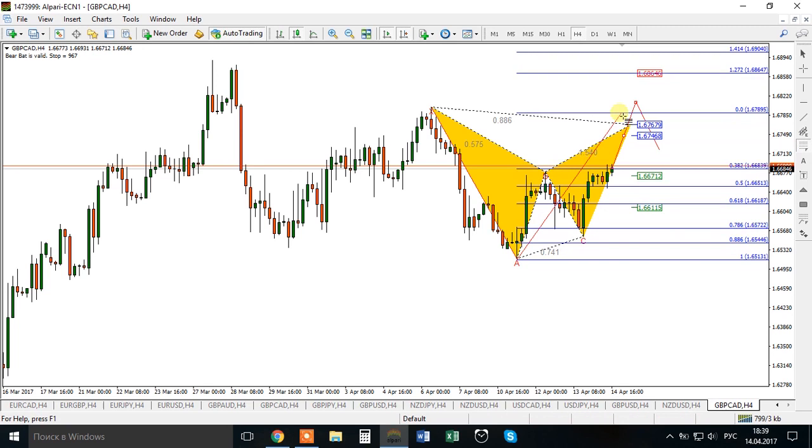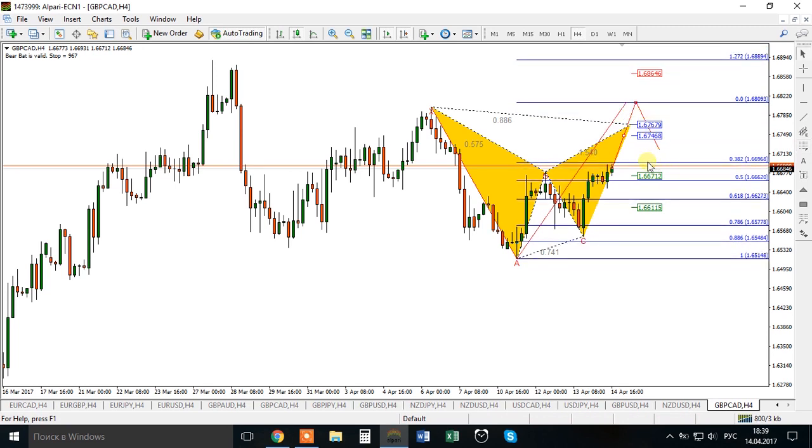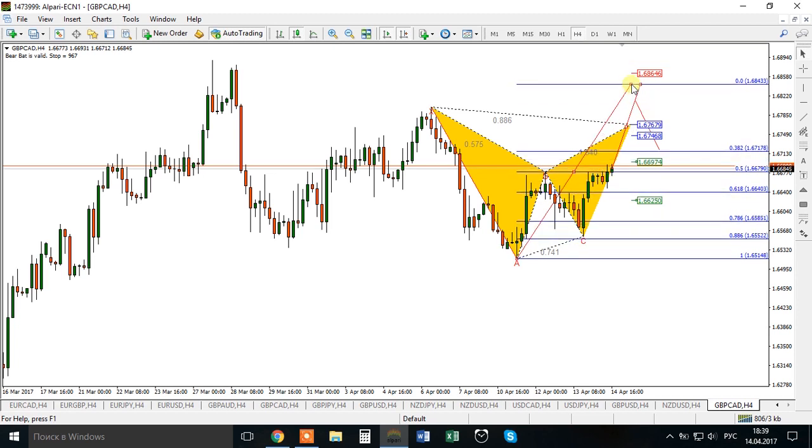You should restretch your Fibonacci and place your first target at 382 and your second target at 618. Keep this in mind. And if price goes further, then you should restretch your Fibonacci further, and you should adjust your 382 and your 618.